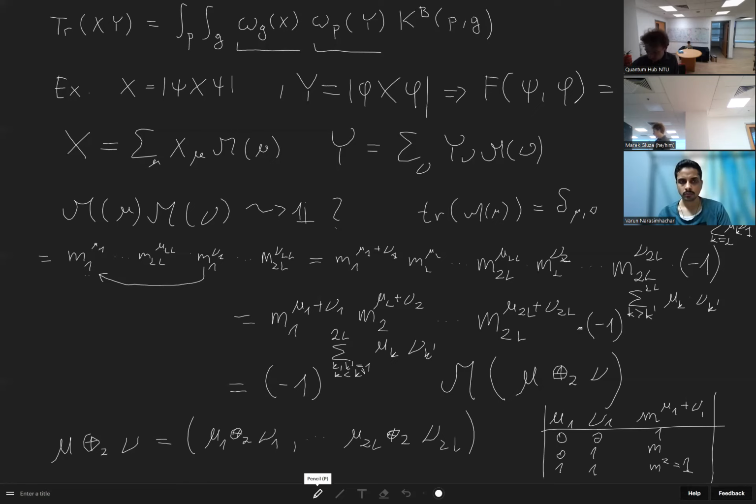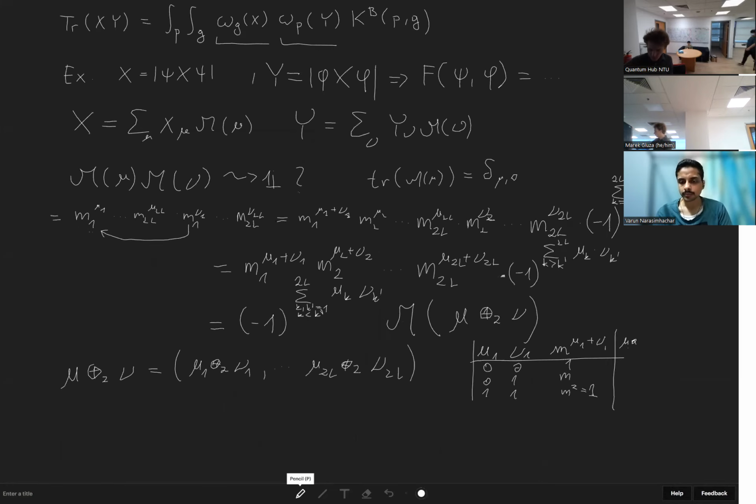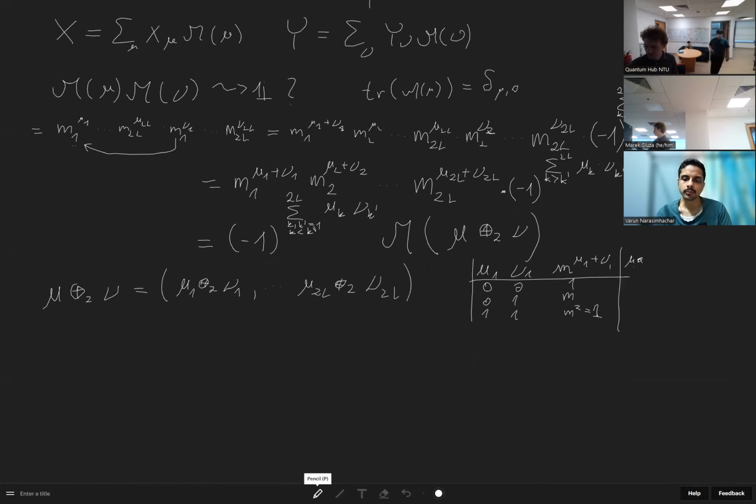The same thing I get from the binary summation of mu1 with nu1: it gives 0 here, 1 here, 0 here, and in the 1, 0 case I get m.